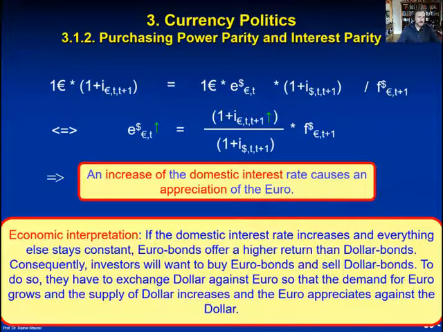Consequently, investors will want to buy euro bonds and sell dollar bonds. To do so, they have to exchange dollar against euro so that the demand for euro grows and the supply of dollar increases, such that finally the euro appreciates against the dollar.